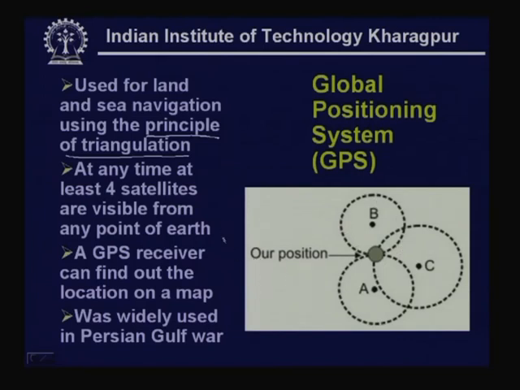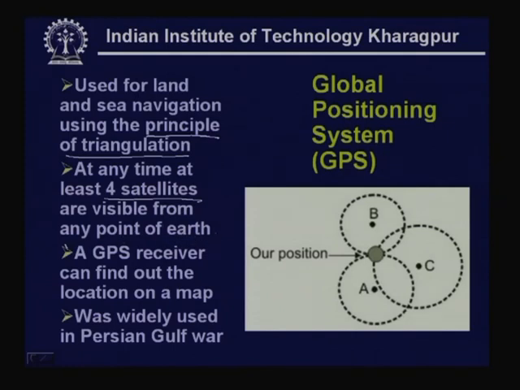So, the fourth satellite provides you the very accurate time, and the other three satellites give you the exact measurement of distance, and with the help of that one can very accurately determine the position, time, and the speed of a particular vehicle or an airplane or a ship. So, the requirement is that at any point of time at least 4 satellites should be visible to the user from any point of the earth.